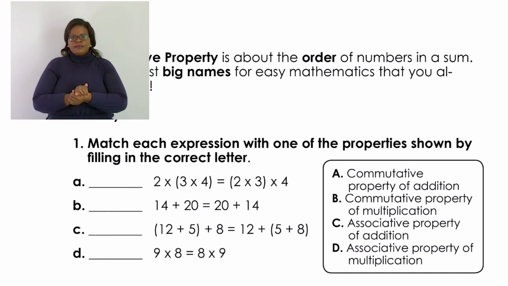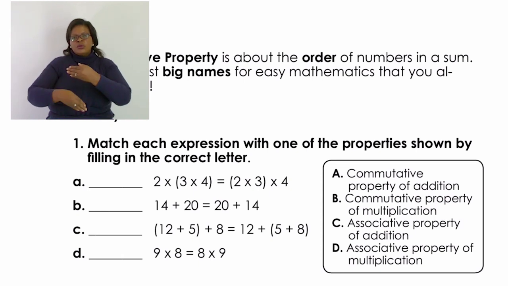Now, the first property there, it says commutative property of addition. The second one is commutative property of multiplication. So basically, both are commutative, but the first one, which is A, only has addition operations.